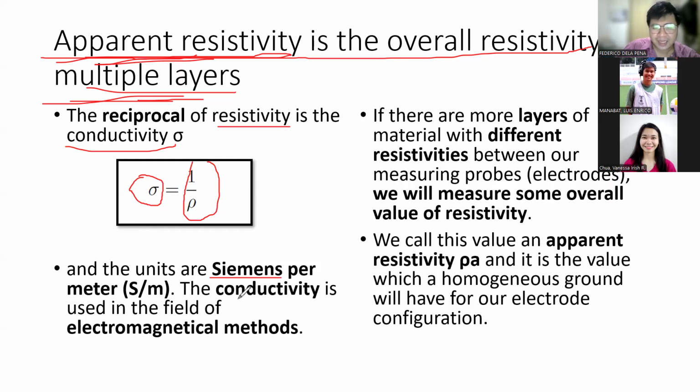Although we're gonna tackle this topic probably in the other lectures because conductivity is used for electromagnetic methods, right? So in essence, electromagnetic methods just simply measure also the electrical properties of materials. But again, we're gonna discuss that later in this term.